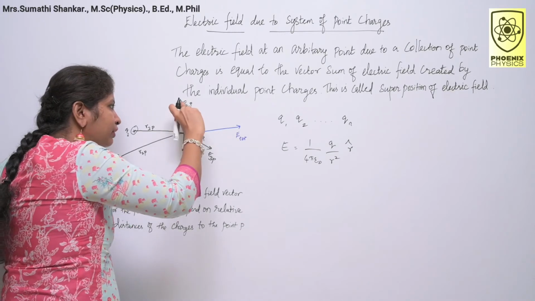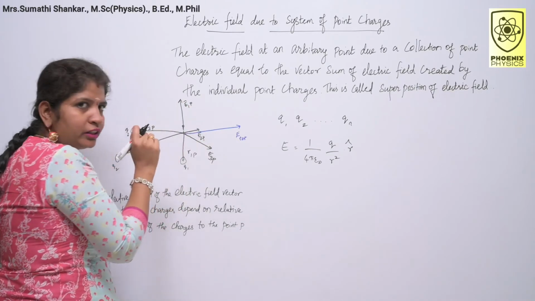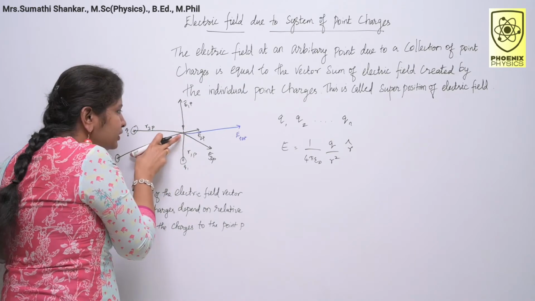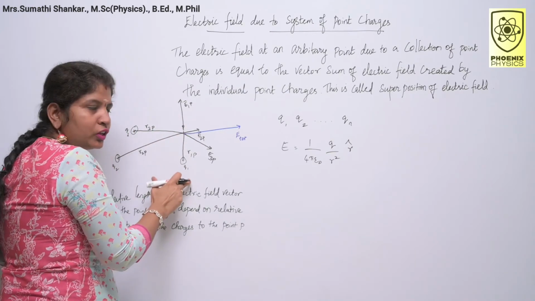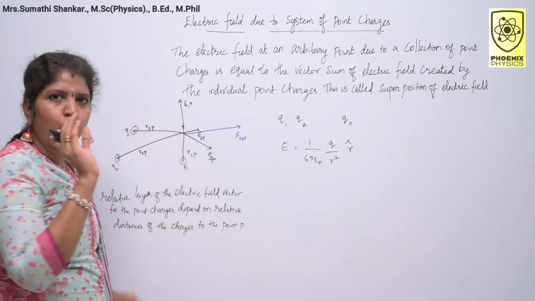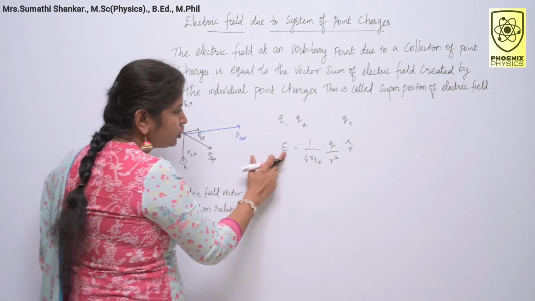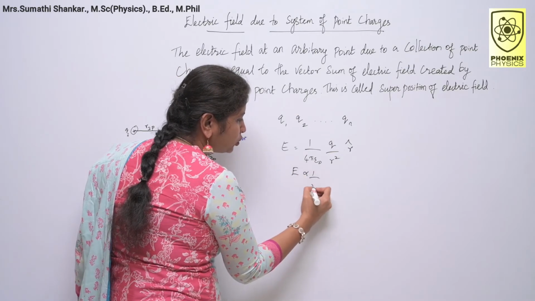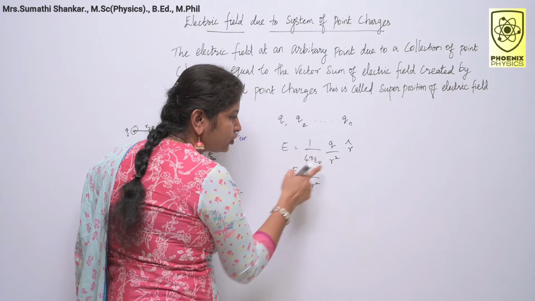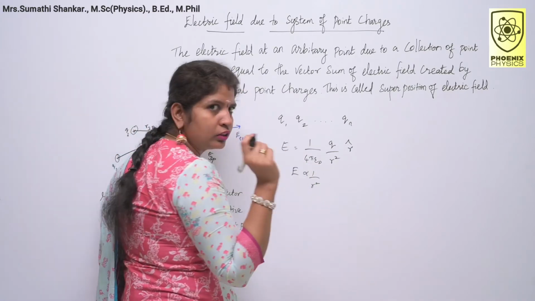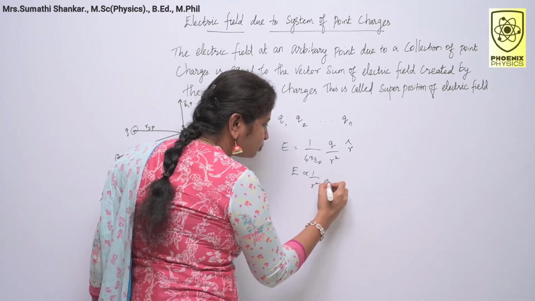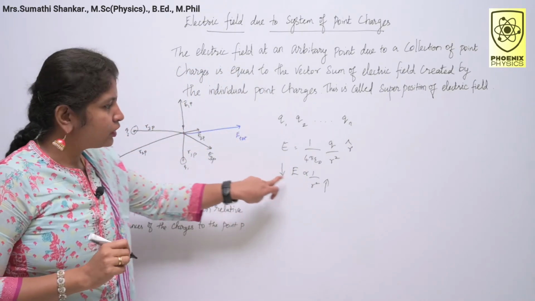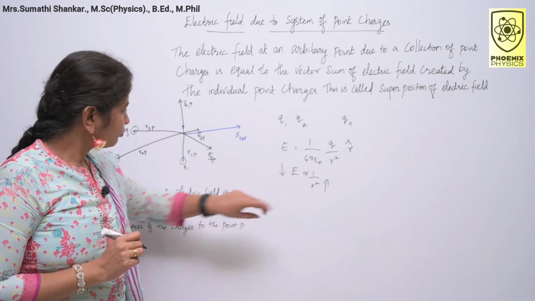Here the relative length of the electric field vector depends on the relative distance of the charges to the point P. What is the meaning? From this formula, you know that E is inversely proportional to the distance square. Suppose if R increases, the electric field decreases. This is the meaning of this formula.